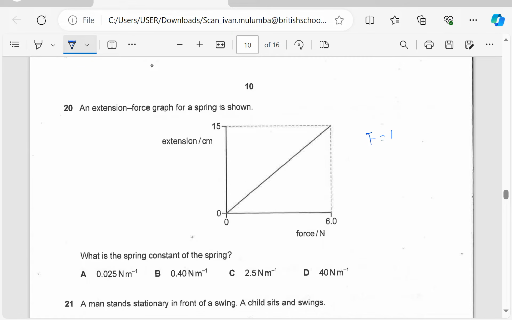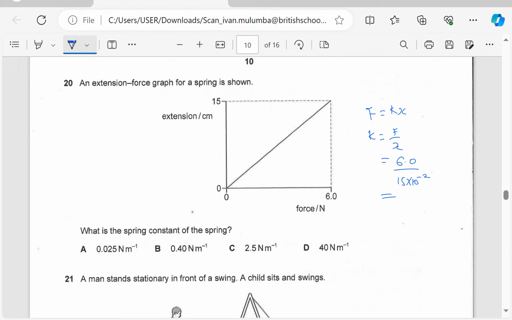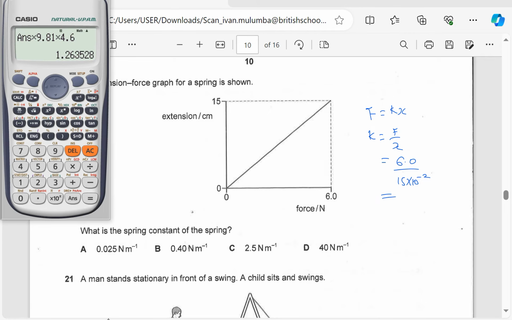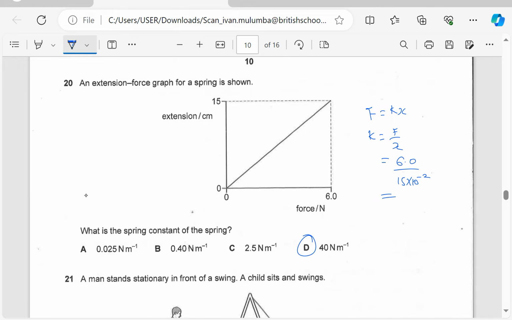By Hooke's law, F is equal to K times X, which means K is equal to F over X. F is 6.0 and X is, since the answers are in newtons per meter, 15 times 10 to the power of minus 2. 6 divided by 15 is approximately 0.4, so 0.4 divided by 15 times 10 to the power of minus 2 is, I think, 40. So the answer is D.